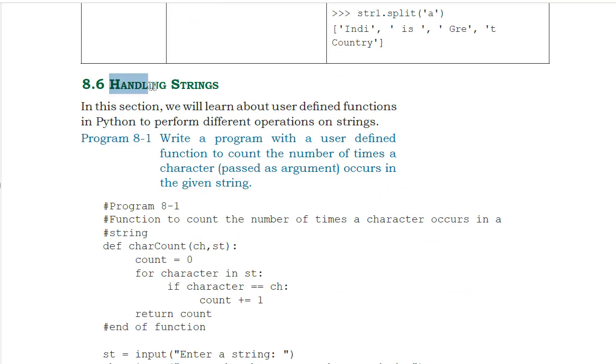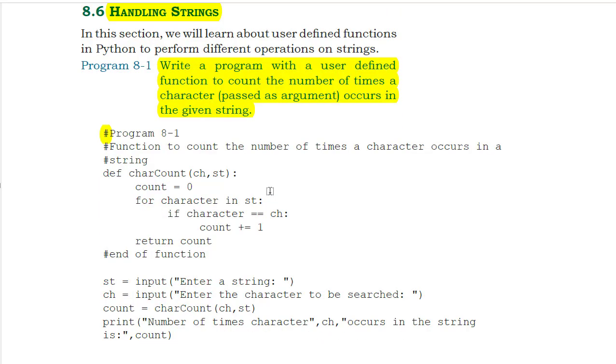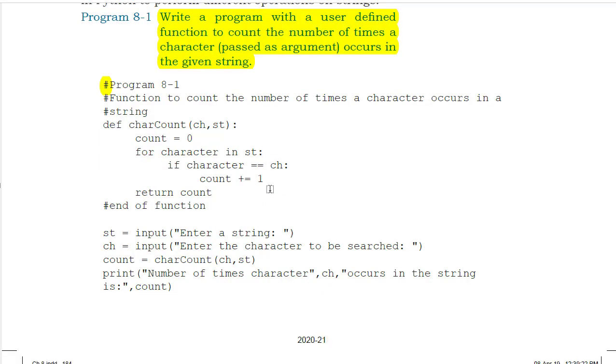Now handling strings. How to handle strings. In this section, we'll learn about user-defined functions in Python to perform different operations on strings. Write a program with a user-defined function to count the number of times a character passed as argument occurs in a given string. What is the method?